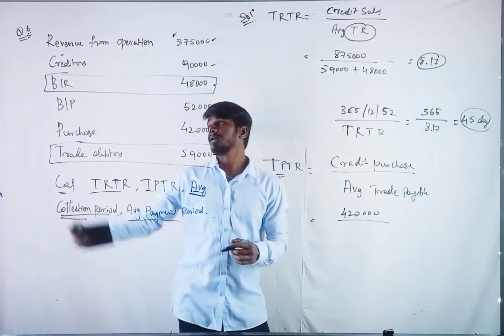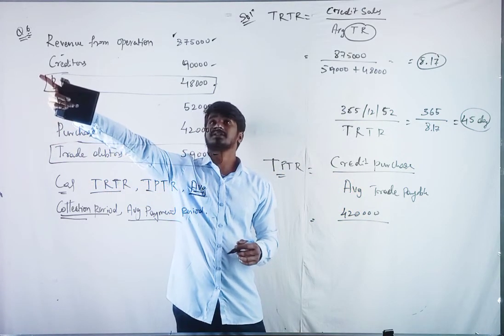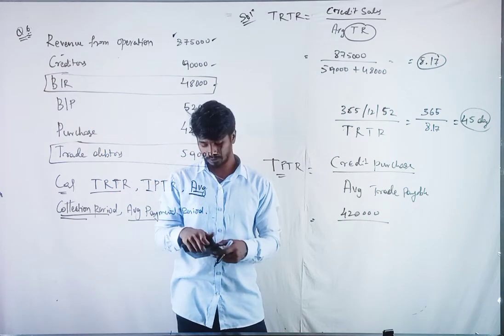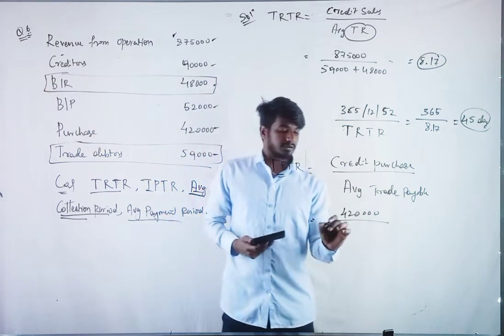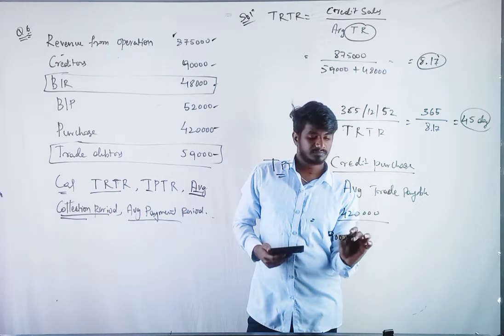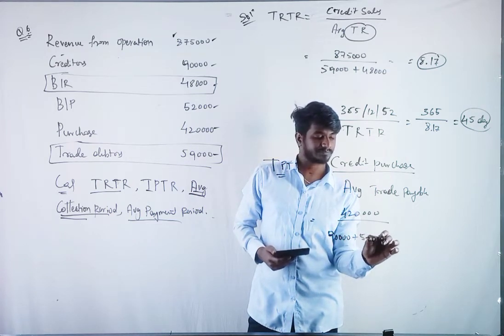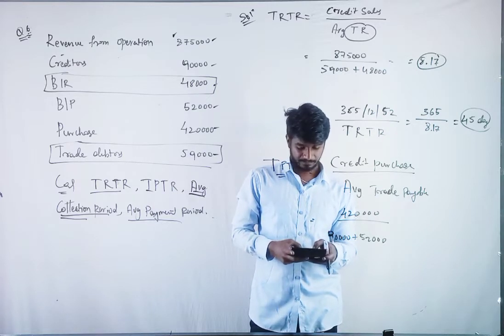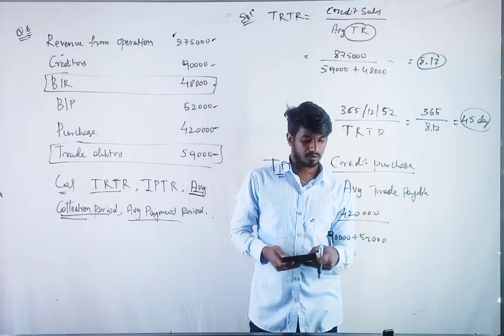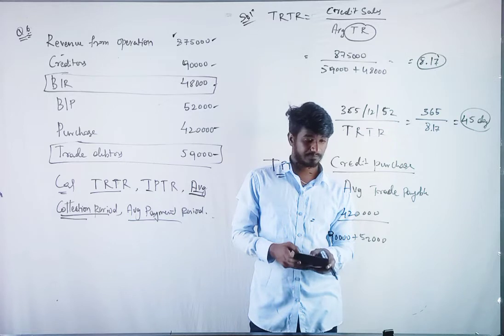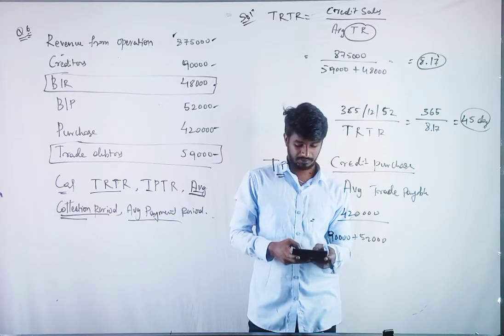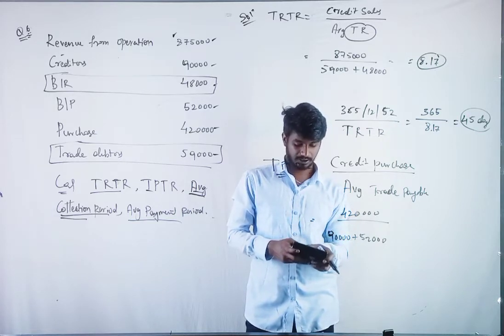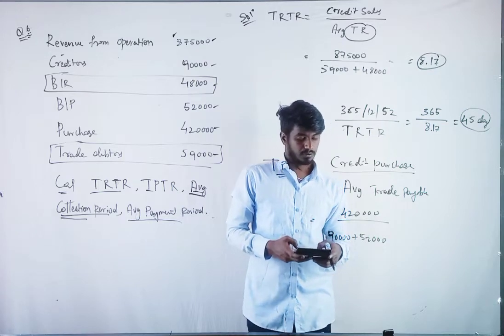Average trade payable is bills payable plus creditors, 90,000 plus 52,000, which is 1,42,000. Okay. 4,20,000 divided by 1,42,000, right?